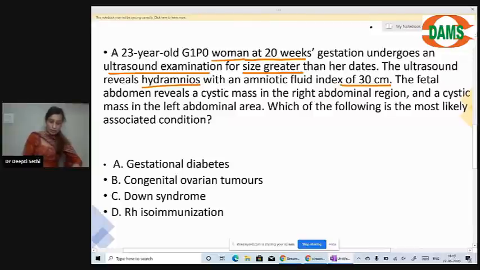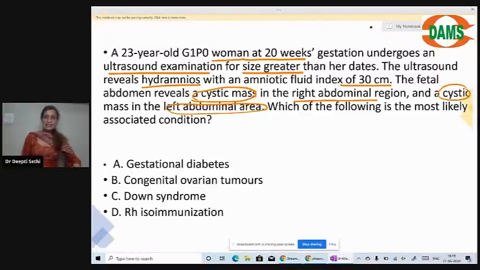Now, the fetal abdomen reveals a cystic mass in the right abdominal region and a cystic mass in the left abdominal area. Which of the following is the most likely associated condition? So this is a question which integrates 2 or 3 topics together. And once we integrate them, we pick up the clinically important keywords, put them together and try and reach the answer.